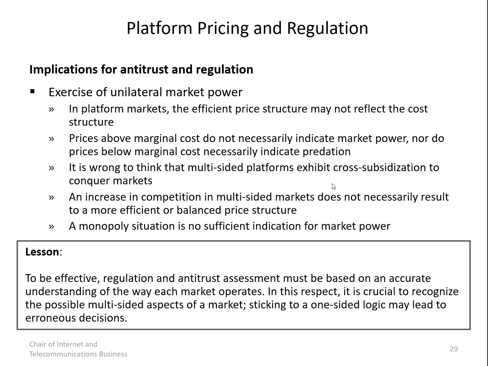It is also wrong to think that multi-sided platforms exhibit subsidization to conquer markets. An increase in competition in multi-sided markets does not necessarily result in a more efficient or balanced price structure. A monopoly situation is not a sufficient indication of market power.